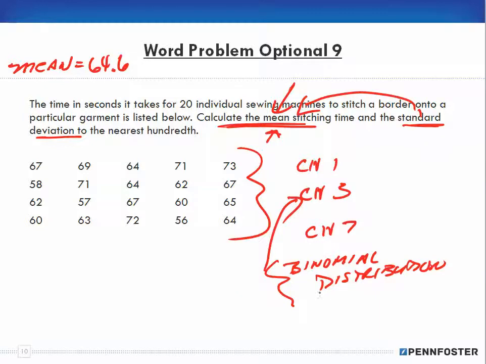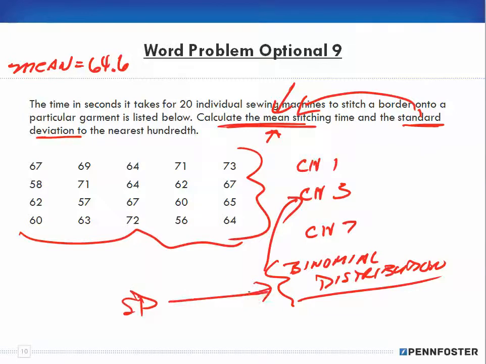If you don't know how to do it, you're dead in the water, because he's just going to be explaining binomial distribution. He's going to give you data points just like this, and he's going to be asking for binomial distribution. And if you don't know enough to be able to calculate the standard deviation, which is a part of the binomial distribution, then you're not going to get binomial distribution.